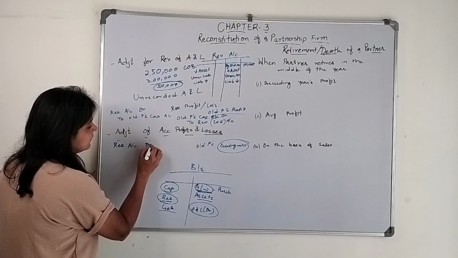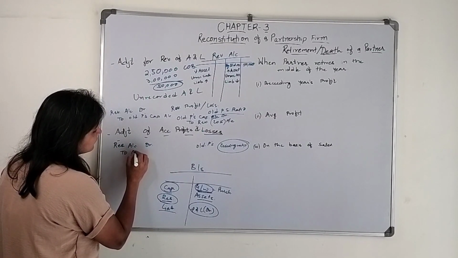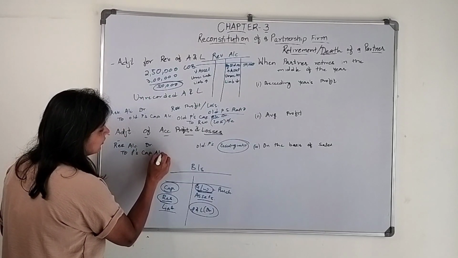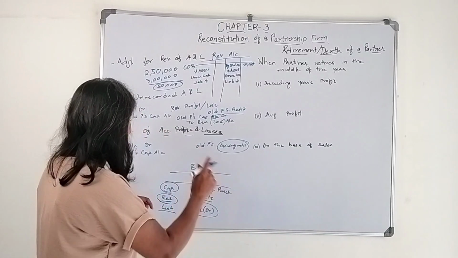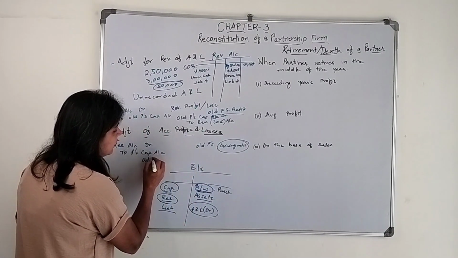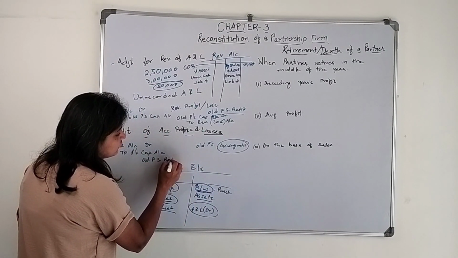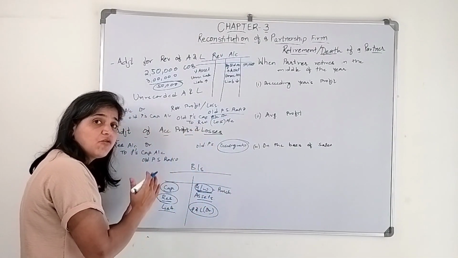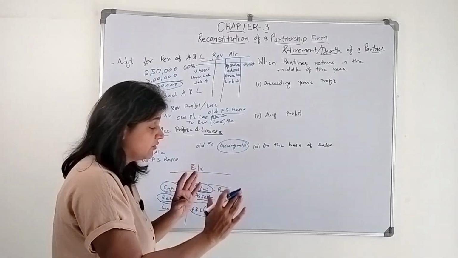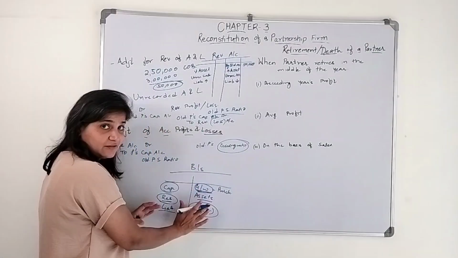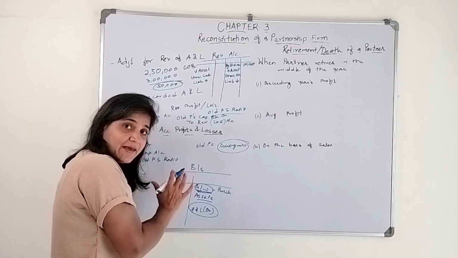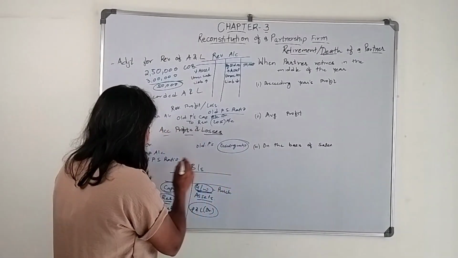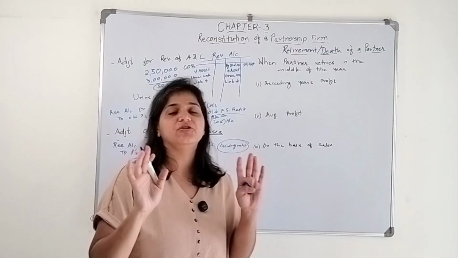Reserves account debit to the partners capital account, and these reserves will be distributed among the partners in their old profit sharing ratio. This balance sheet is before the reconstitution of a firm. So whatever is there in the existing balance sheet will be distributed among the existing partners in their old profit sharing ratio.